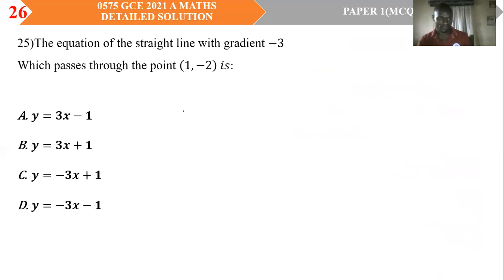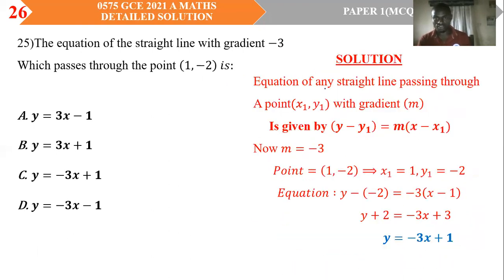Question 25. The equation of the straight line with gradient negative 3, which passes through the point 1, negative 2 is? Solution. The equation of any straight line passing through a point x1, y1 with gradient m is given by y minus y1 equals m into x minus x1.